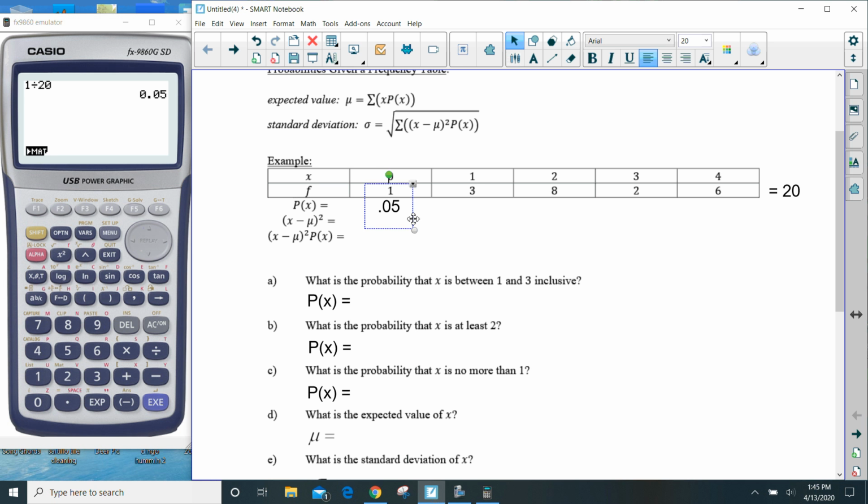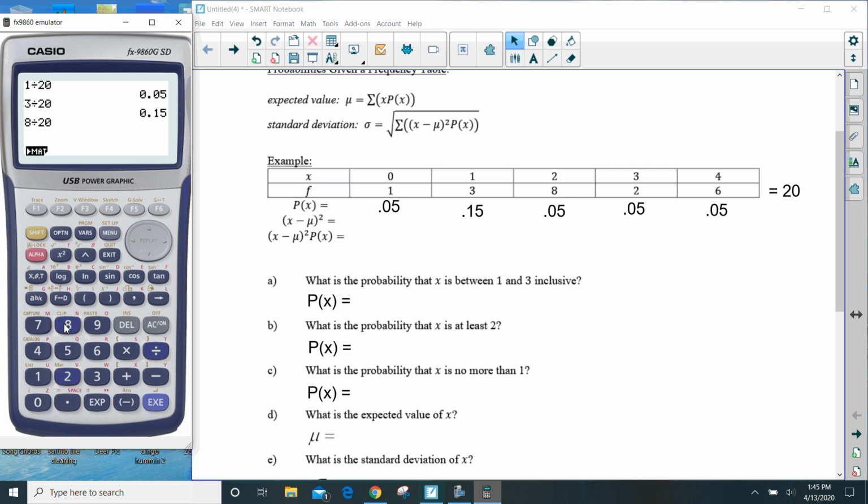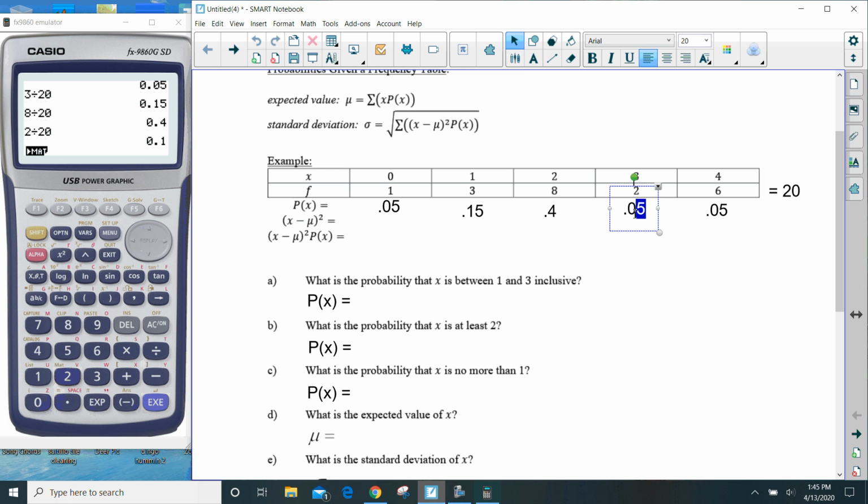I'm just going to steal this real quick. All right, so the second one would be 3 out of 20, 0.15. Then 8 out of 20, then 2 out of 20, and 6 out of 20.